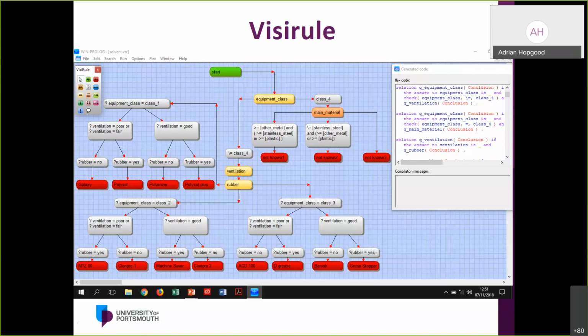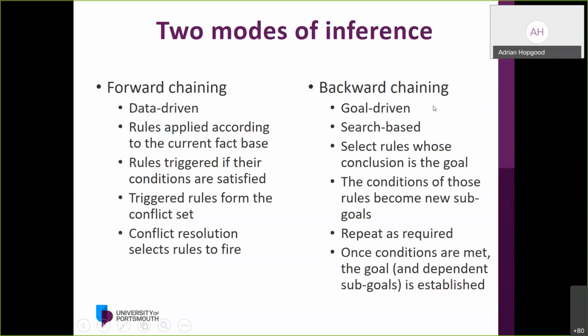And as I say, the main point is that you're putting that knowledge into the system, and the inference engine of the knowledge-based system will apply that at the appropriate time. There are two broad ways in which that's achieved, which are called forward chaining and backward chaining. I'm not going to go into these in great detail, but the key point is that forward chaining is so-called data-driven.